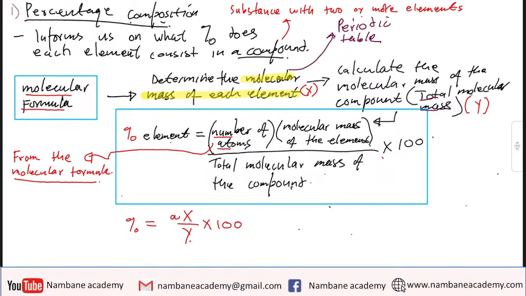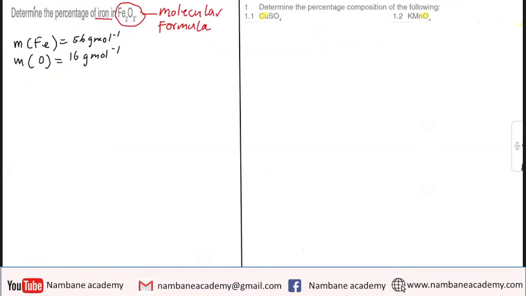I will show you immediately after we do the second step, which says calculate the molecular mass of the compound or the total molecular mass. So let's do that quickly. It will be now M of Fe2O3, Lesedi. That's when we can now consider that this is 56 multiplied by 2, and now this is 3 multiplied by 16.